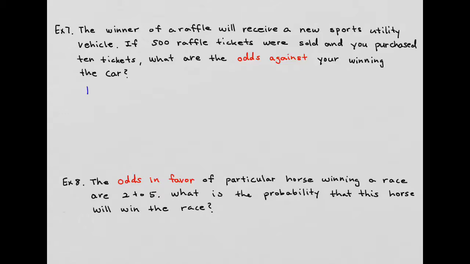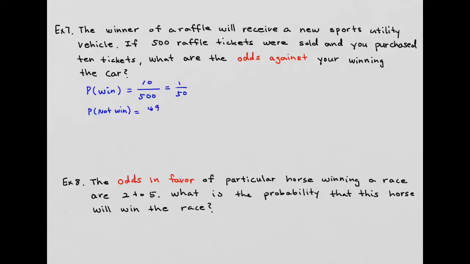So we need to know the probability of winning. Because you purchased 10 out of 500, that's your probability of winning. It means the probability of not winning is going to be the other.